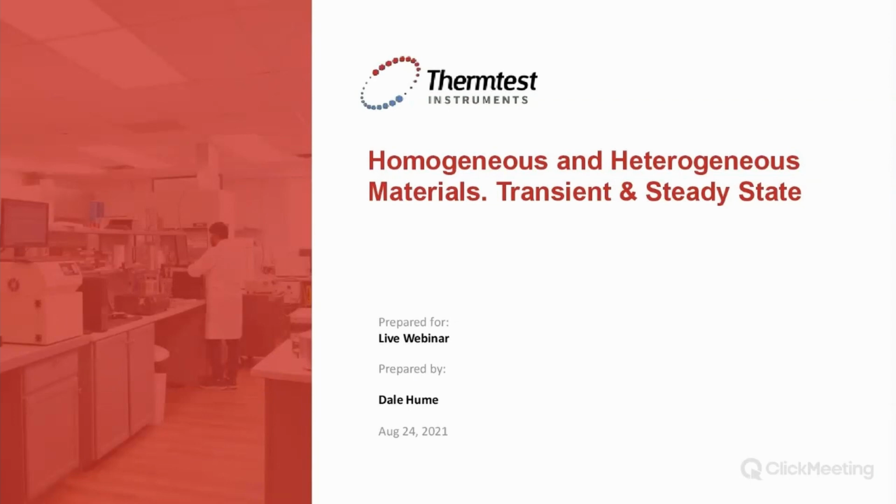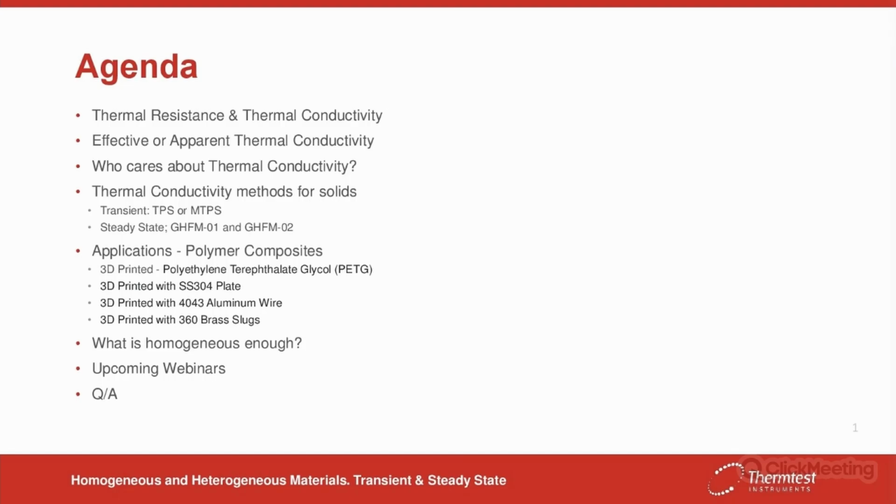So let's proceed. The agenda will be a short discussion on thermal resistance and thermal conductivity, effective or apparent thermal conductivity. Who cares about this property? Methods for solids, TPS and MTPS. Transient state, we'll look at the guarded heat flow meter as the typical steady state method for measuring more conductive materials, as compared to heat flow meter for insulative type materials.